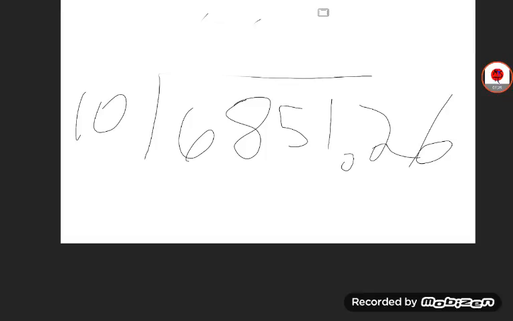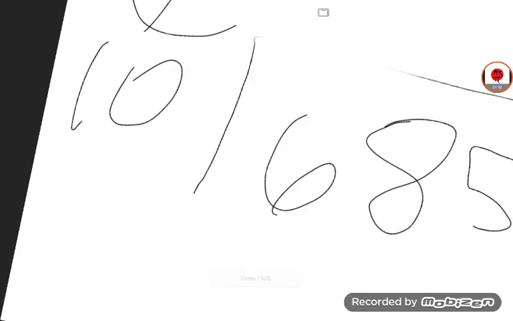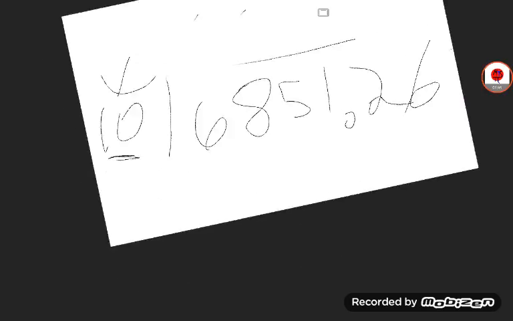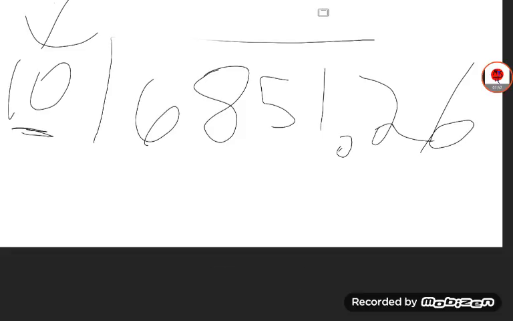So now we're moving to the left, the number of zeros in the number here. So we have 1 0 because it's 10. If it was 100, that would be 2 zeros, 1,000, 3 zeros, and so on. So we move it one place over, that's your new decimal point.